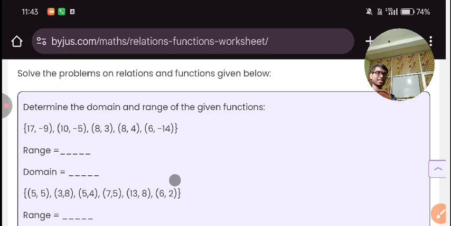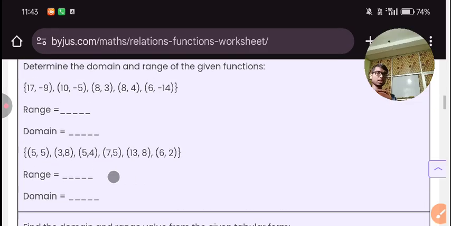These are the range. In this we have 5, 3, 7, 16, 6, so 3, 5, 6, 7, 13 are the domain. Now the range we have 5, 8, 4, 2, so 2, 4, 8.